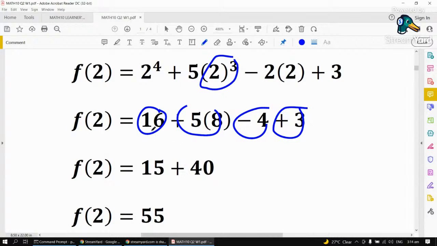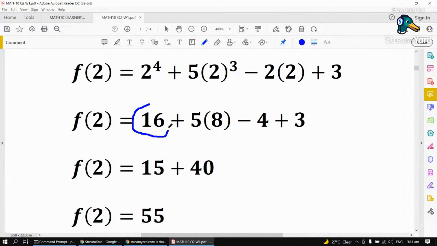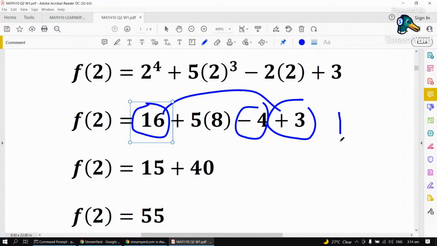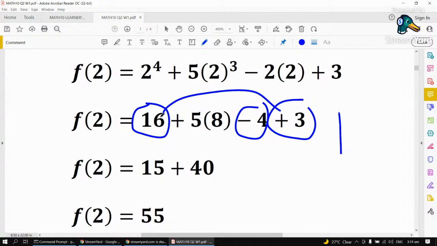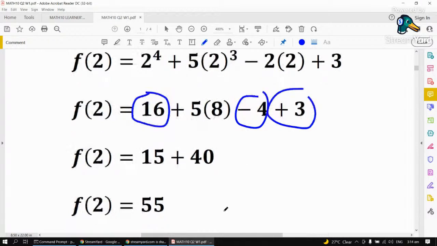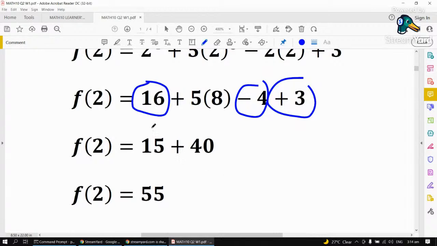By the way, itong tatlong 'to, 16, negative 4, and positive 3. So 16 plus 3 is 19. Pabawasan natin ang 4, minus 4, so meron tayong 15. Yung 16 natin naging 15. And then 15 plus 40 is equal to 55.